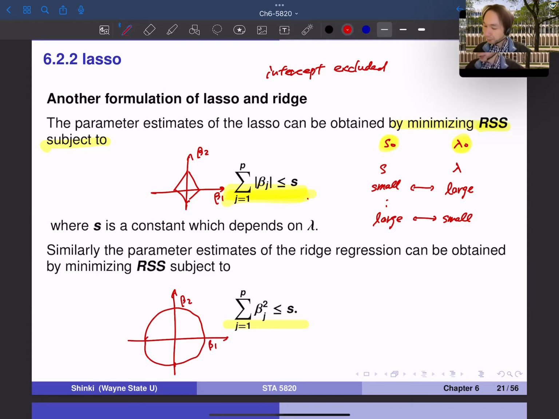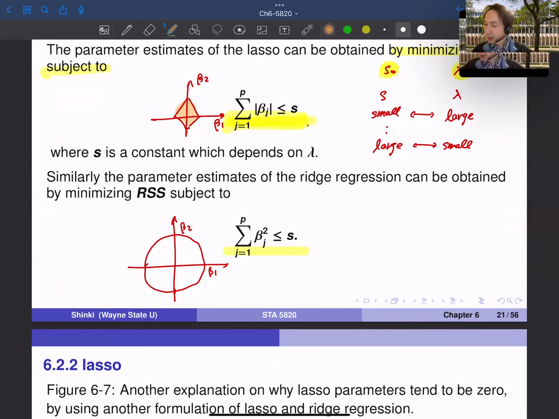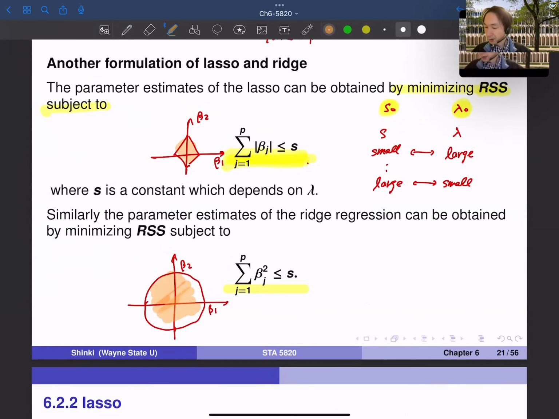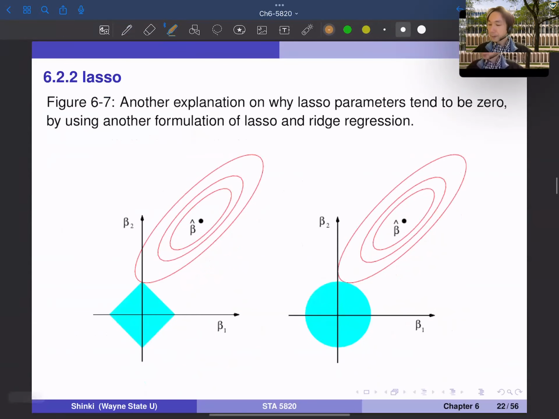So this is the two-dimensional case. We are searching the solution within this range that is equivalent to lasso. Within this other range, it corresponds to ridge regression.